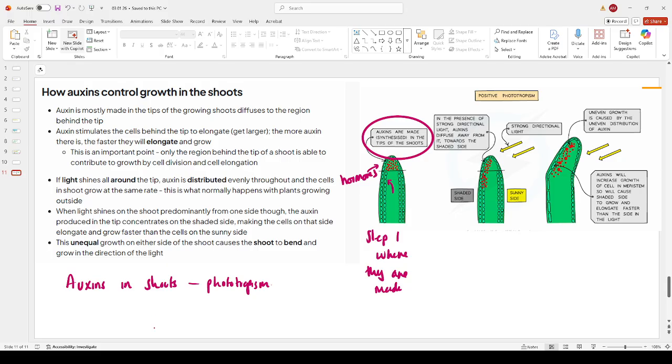Is this a positive response or a negative response? It's a positive response. Very good. So if it's a positive response, does that mean auxins cause elongation or inhibit elongation? Good. They promote cell elongation.